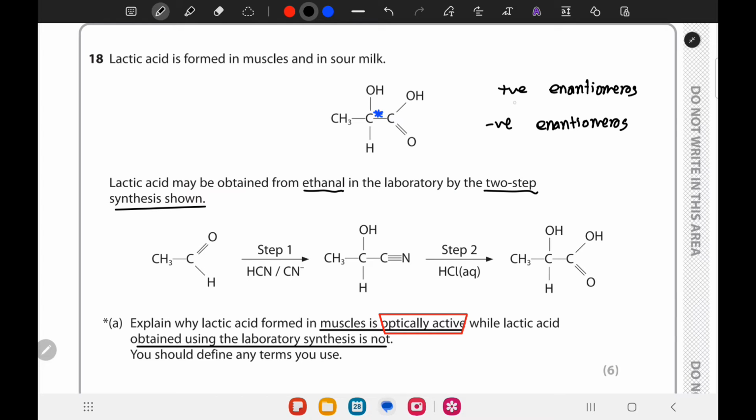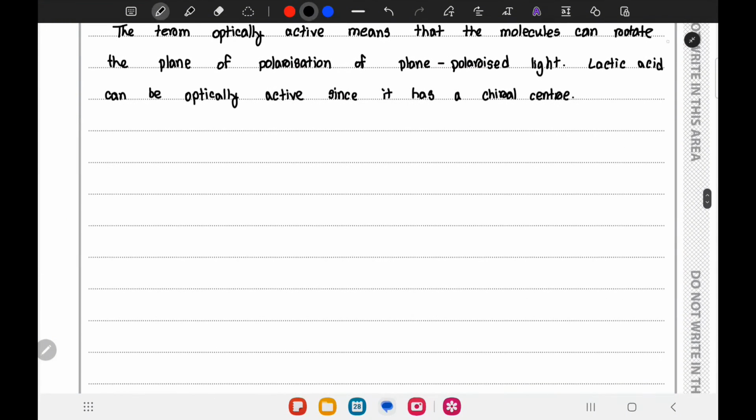Now, if I have equal amounts of positive and negative enantiomers, the light will be rotated clockwise and anti-clockwise by the same amount. So basically, the light will not be rotated since it's being rotated clockwise and anti-clockwise by the same magnitude.